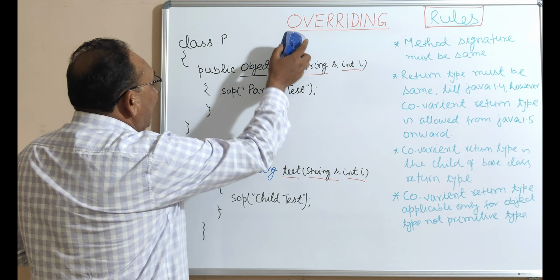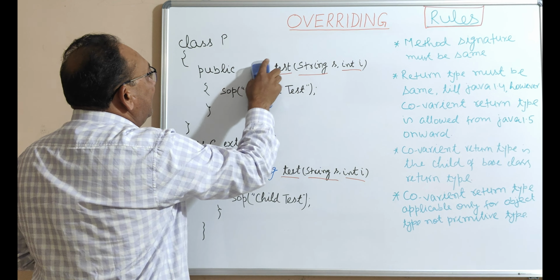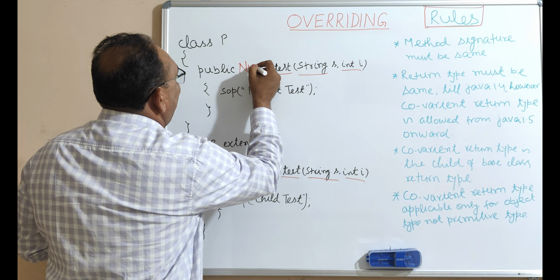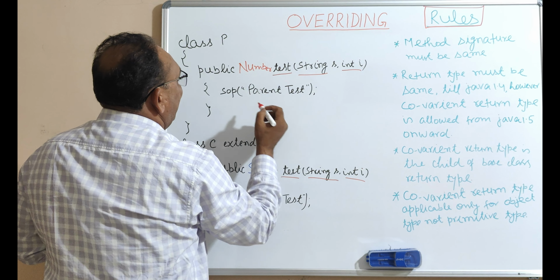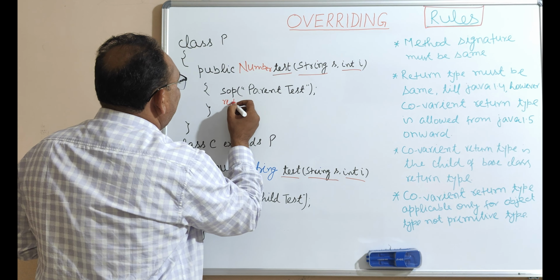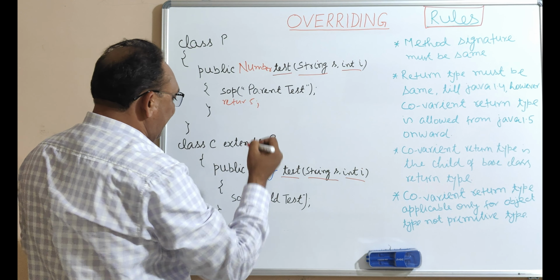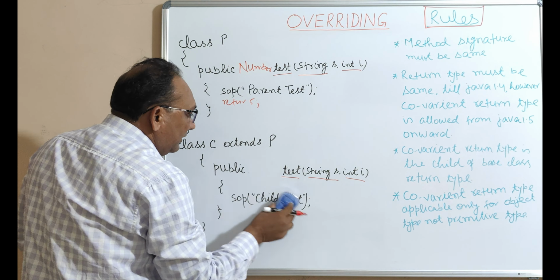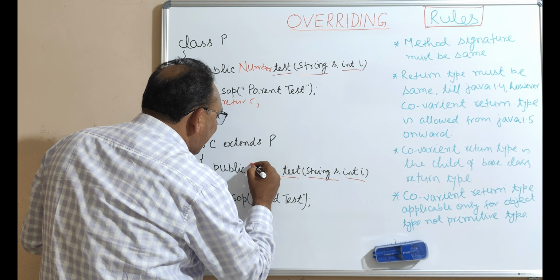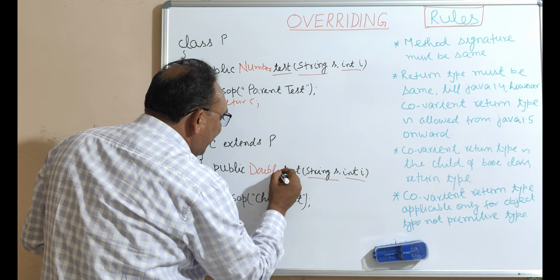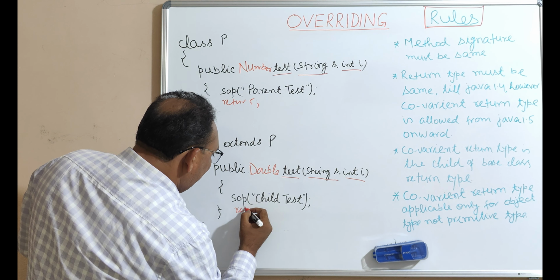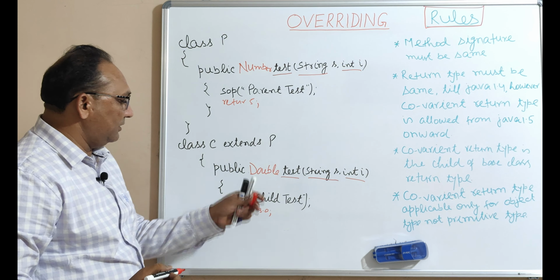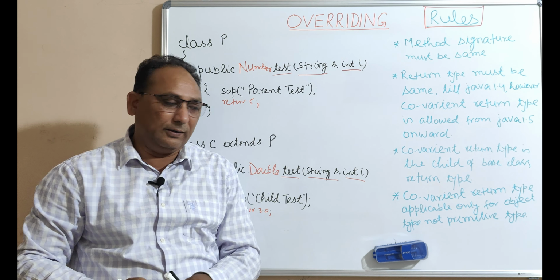Similarly, let's say here I take the return type as number, and to make this happy I return something like 5, correct. Now here in the child I can take a return type of double, and to make this happy let's return 3.0, so that our code will compile perfectly fine.